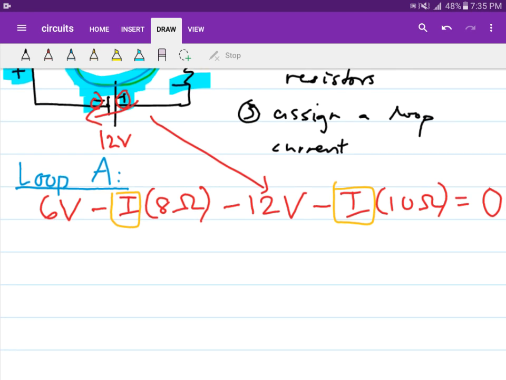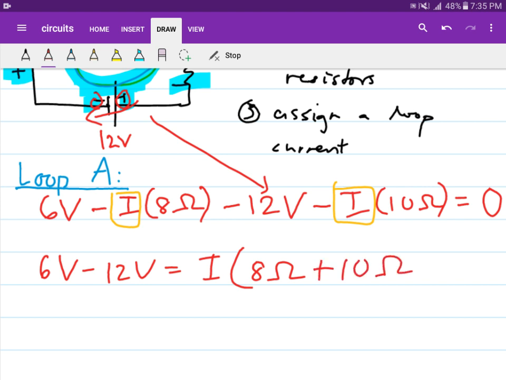So solving for I, we have 6 volts minus 12 volts equals, I'll move I to the right hand side, I times 8 ohms plus 10 ohms.